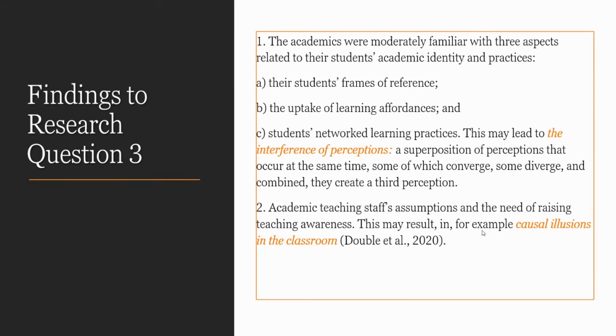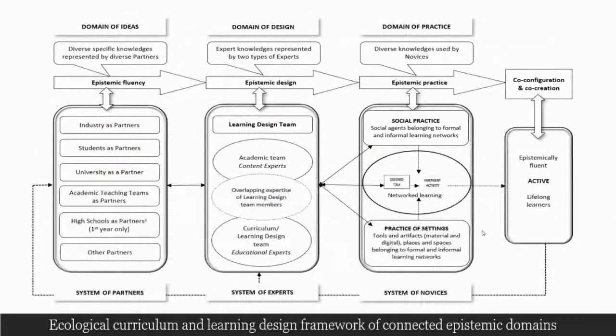The conclusion is that very often academics draw conclusions based on students' performance. So this is this interference of perception. I see, all right, they performed well, they've done well, so my approach or my innovation is great. I'm teaching very well. So that's the second part of the findings for the research questions.